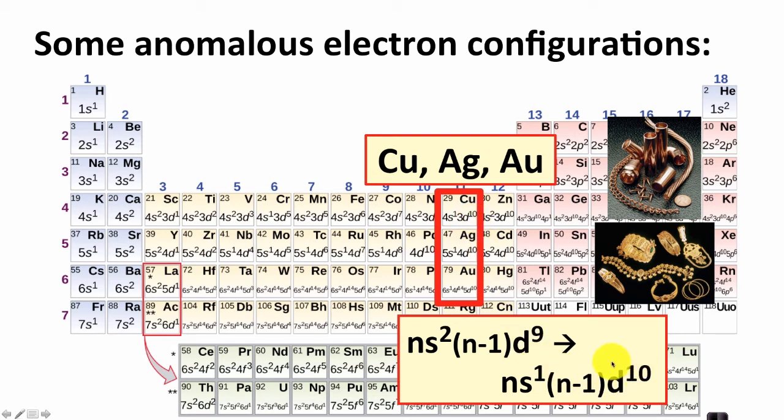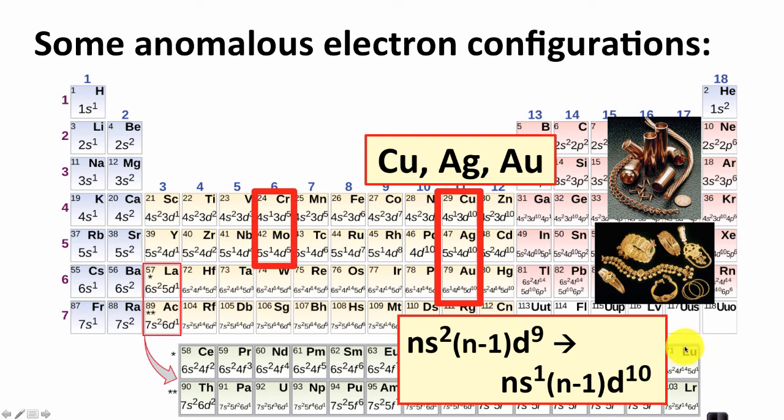And notice that in all cases, we have one electron moved, so to speak, from the s subshell into the d subshell, and it completes the d subshell. So a way to remember is if we have a completed d subshell with only one electron moving, that's actually not an excited state. That's actually a ground state for these anomalous configurations.